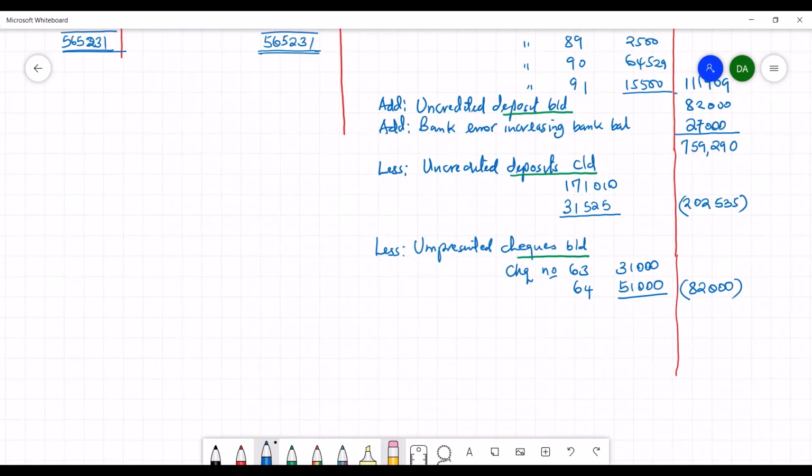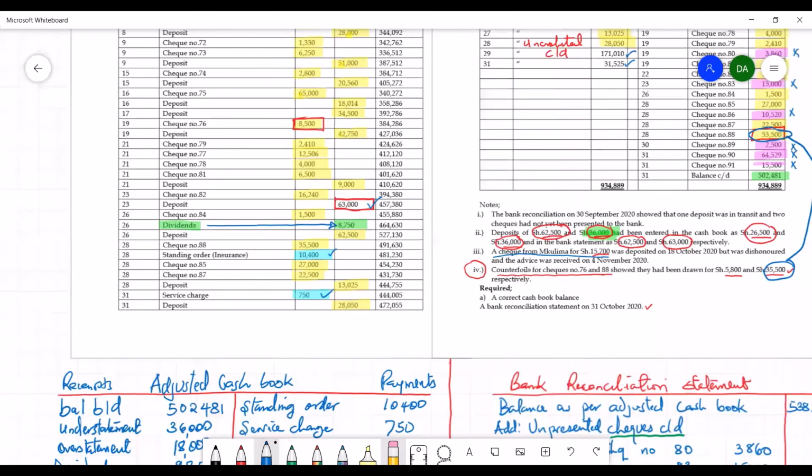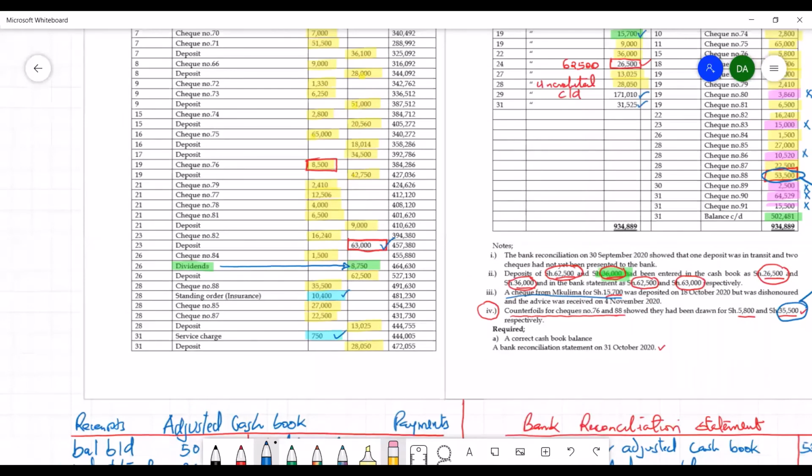Lastly, we have another amount which is deducted, known as bank errors decreasing bank balance. Now, bank errors decreasing bank balance, we look at them on the debit side of the bank. If there's any error which was over debit in the bank, it is this amount.